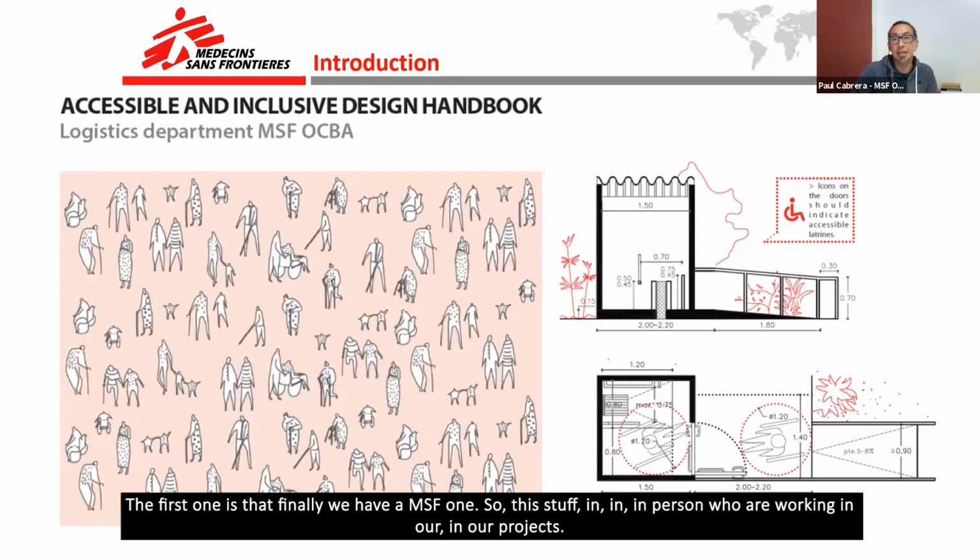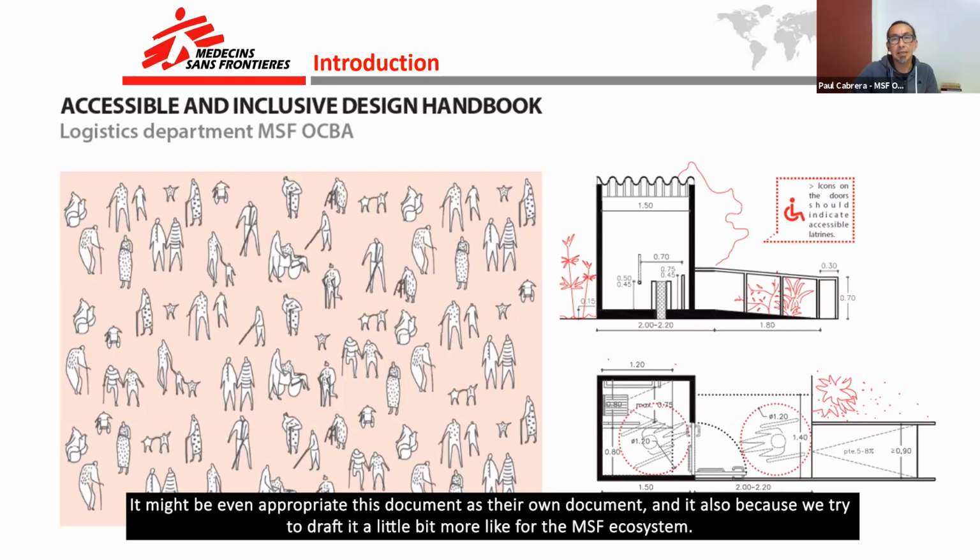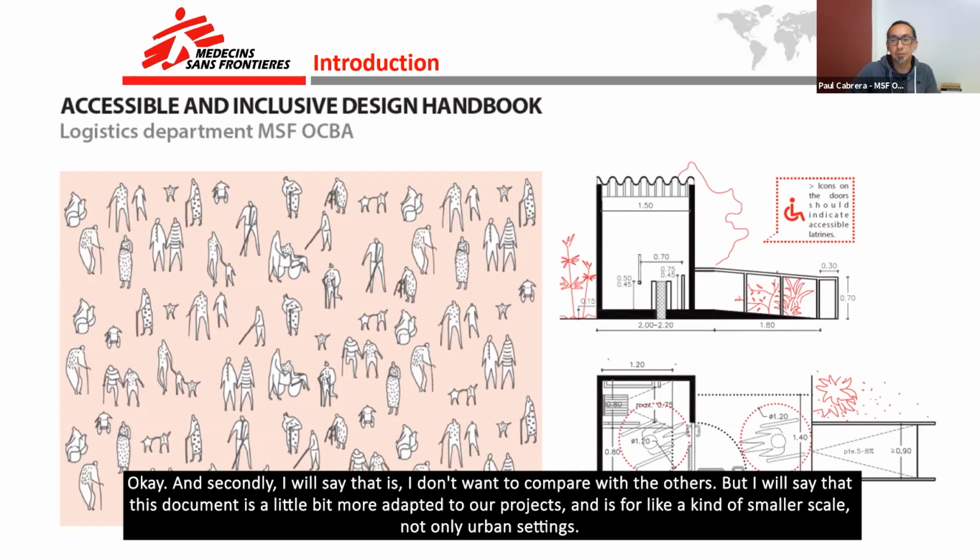The first one is that finally we have an MSF one, so the staff and people who are working in our projects will appropriate this document as their own, and also because we tried to draft it a little bit more for the MSF ecosystem. Secondly, I don't want to compare with the other documents, but this document is a little bit more adapted to our projects.